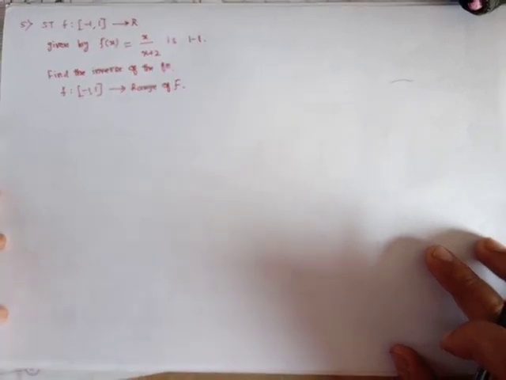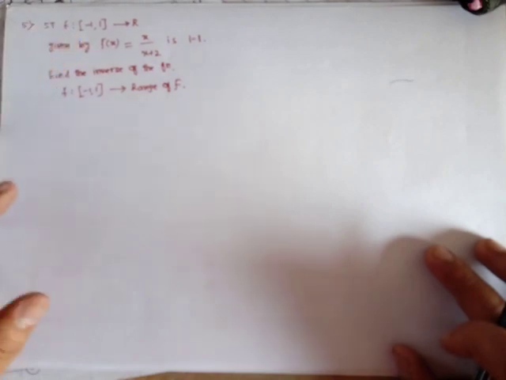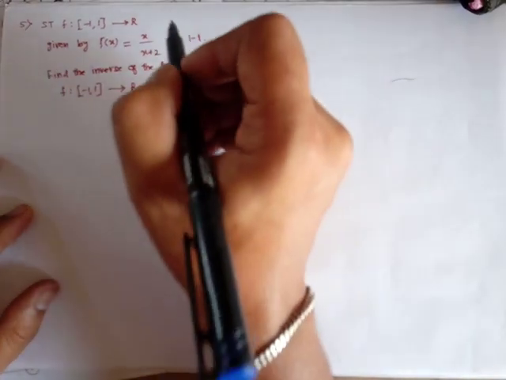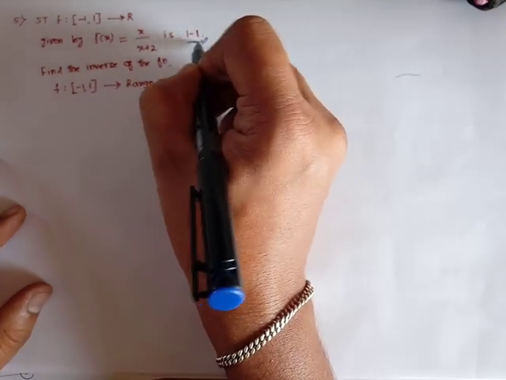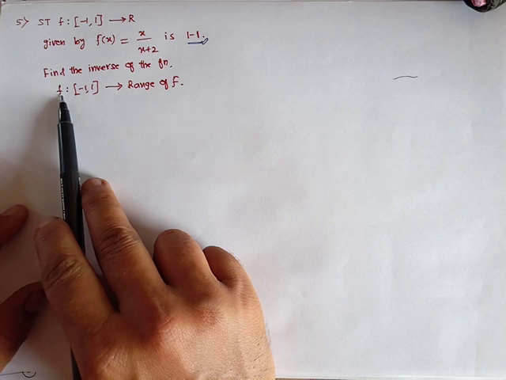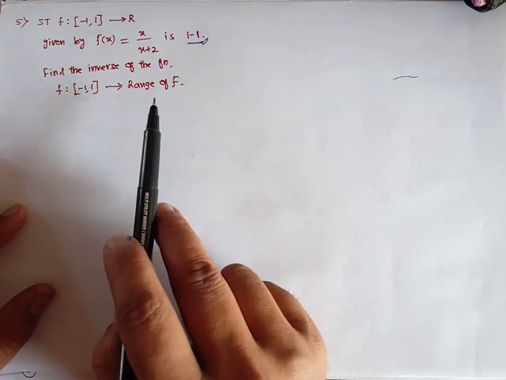Coming to the next question: show that f, mapping from [-1, 1] to R, given by f(x) = x/(x+2), is a one-to-one function. We are required to show it is a 1-1 function. Find the inverse of the function f mapping from [-1, 1] to the range of f.